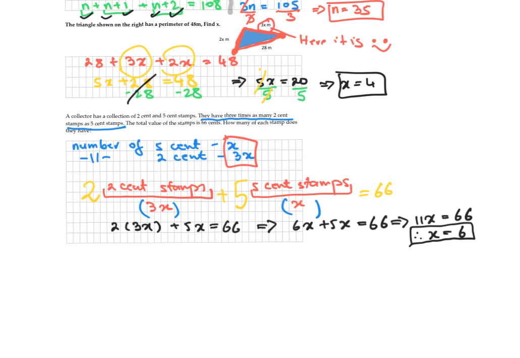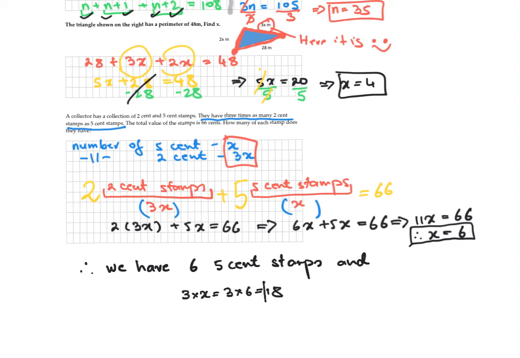So x is representing the number of 5 cent stamps, so we can say therefore we have 6 5-cent stamps, and how many 2-cent stamps do we have? 3 times x, 3 times 6, which is equal to 18, so therefore we have 18 2-cent stamps.